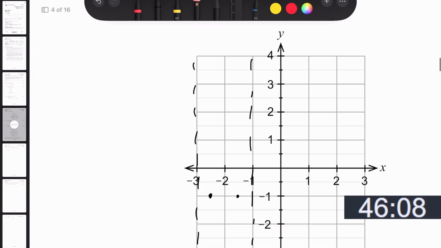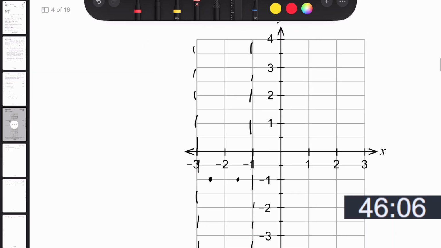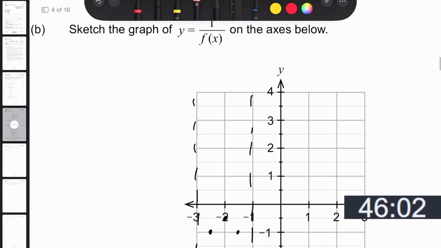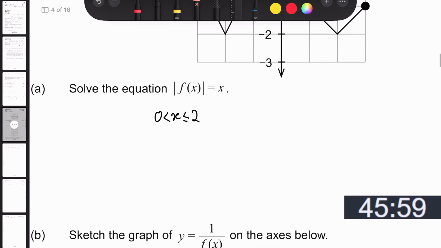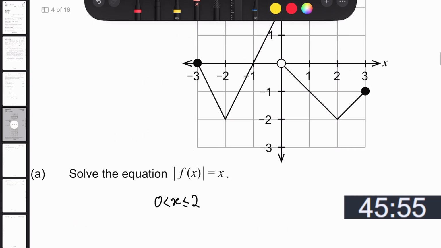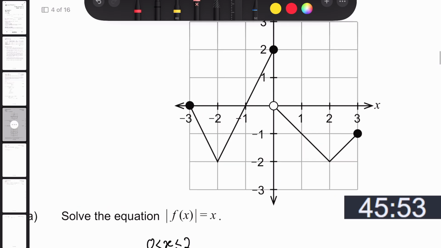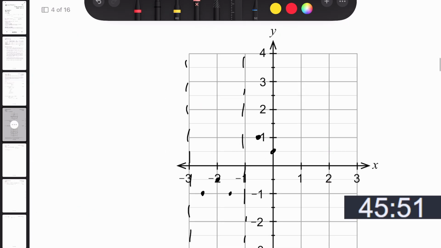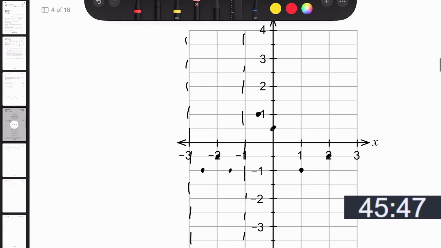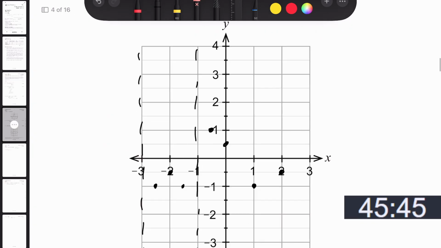And 1.5, so about there. Our minimum there is going to be negative 0.5. We got 1 at 1.5 here. And then again, like that. And here, negative 1 at negative 1. 2 is at a half, and then 3 is at negative 1 again.